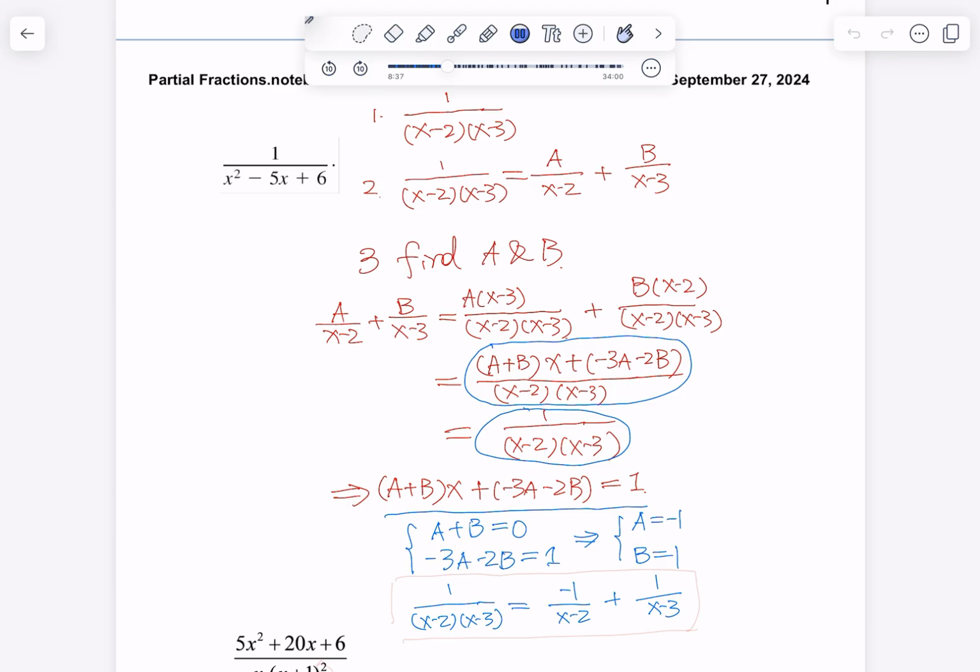And you should be able to verify that this decomposition is correct. And this is how we solve a linear system for a and b to be able to finish the decomposition of the partial fractions.